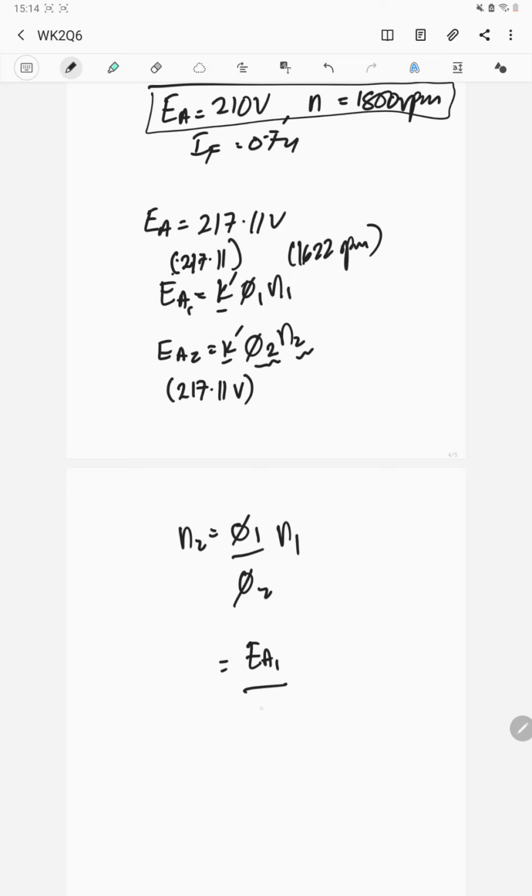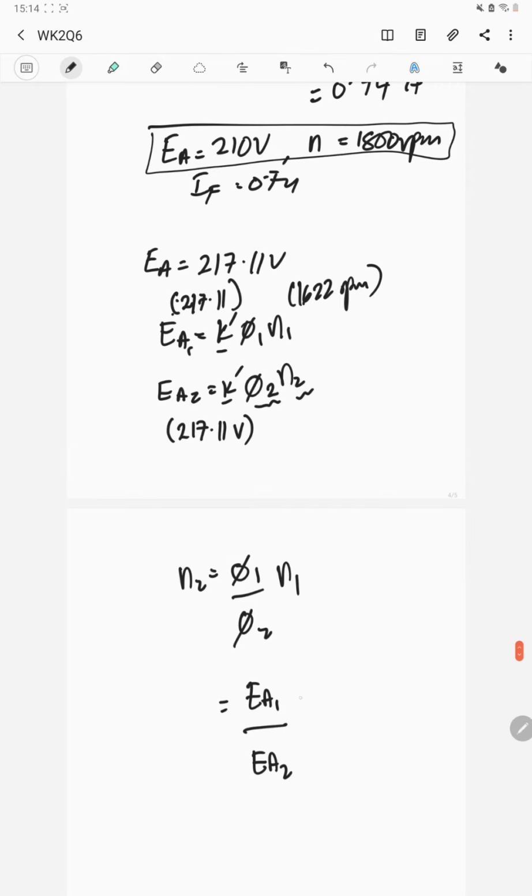We can look at the ratio between EA when the field current is 0.96 and EA when the field current is 0.74, times the first speed, which is 1800 rpm.